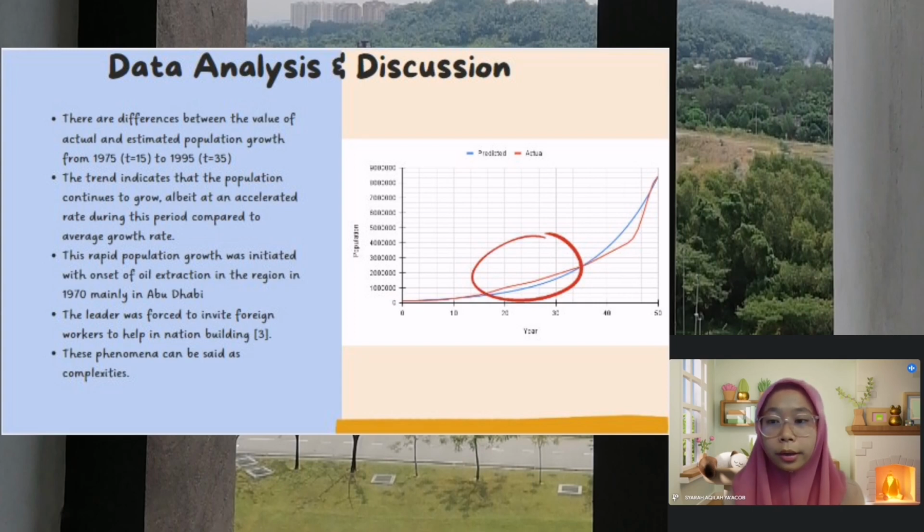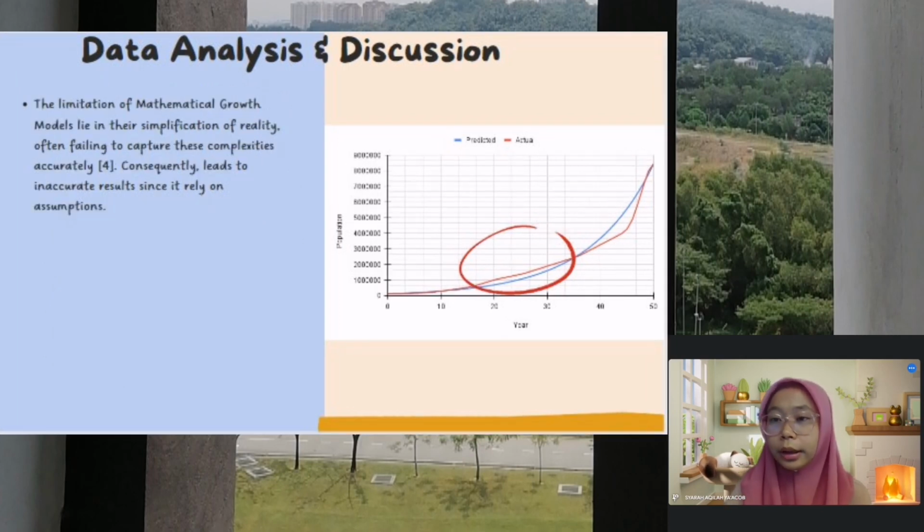Because of this, the leader was forced to invite many foreign workers to help in nation building, so it increased the population higher compared to the predicted one. This phenomenon we can call a complexity, because this phenomenon is not regular.